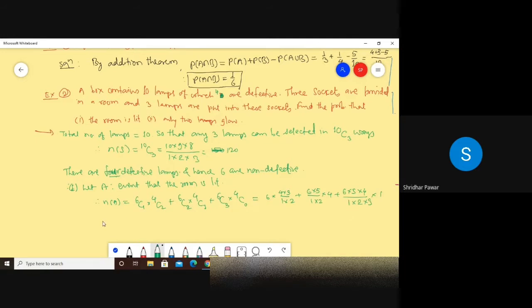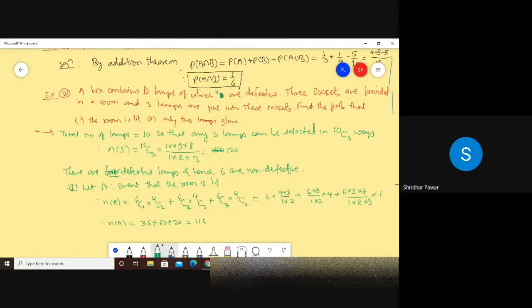So therefore, n of A is equal to 36 plus 60 plus 20. So that is equal to 116. Okay.